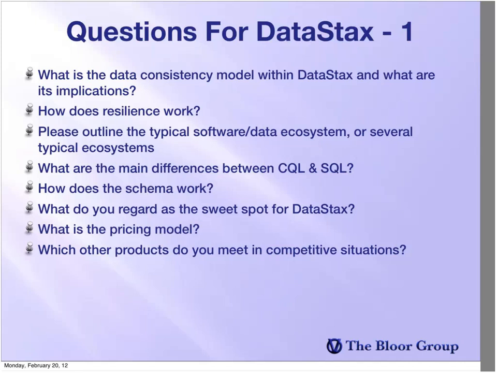I can't guarantee both at once. So in the CAP sense, Cassandra offers what we call tunable consistency, where you can choose on a per operation basis whether you want to emphasize availability or consistency, because sometimes one is more important than the other.